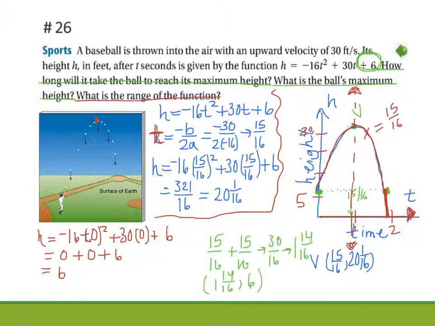In other words, what possible values are we allowed to have for the height? Well, the lowest height that I can have is 0, because the ball is never going to get below the ground. But what is the highest height value? Well, the highest the ball will go is 20 and 1/16 feet. So my range then would be 0 is less than or equal to h, which is less than or equal to 20 and 1/16 feet. In other words, my height will always fall somewhere between 0 and 20 and 1/16.